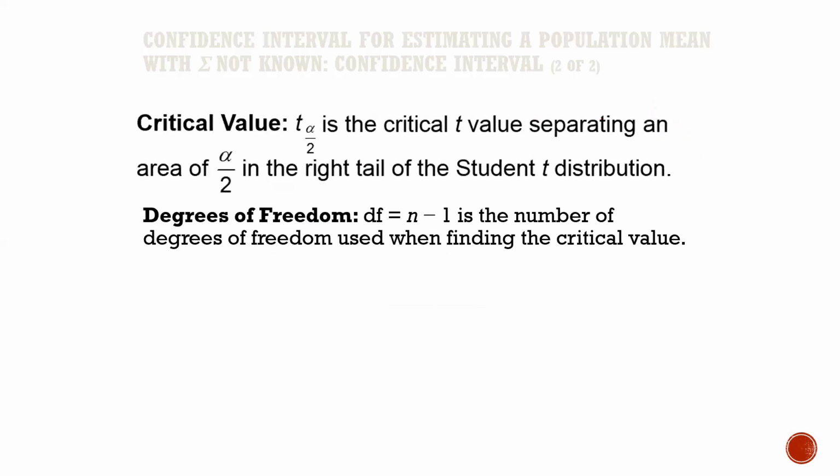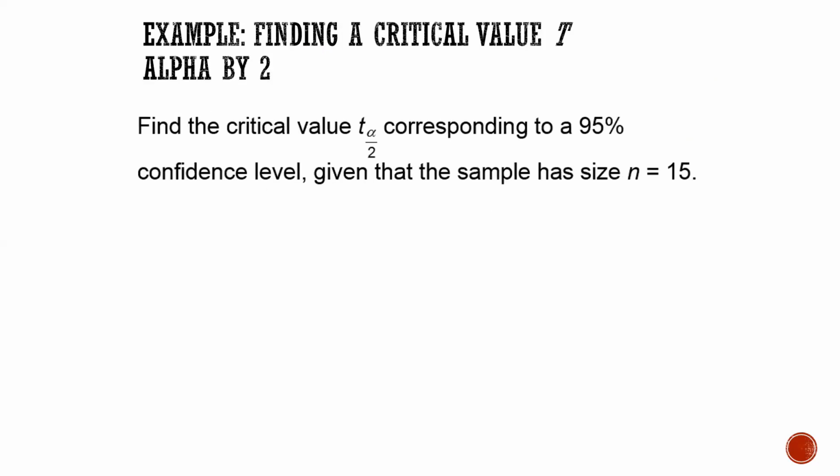Your critical value is what's separating it off. So let's just do an example of this. We want to find the T critical value using our table. Let's try this together. Everyone look at your table, corresponding to a 95% confidence level.